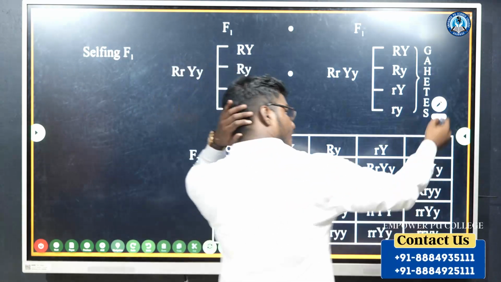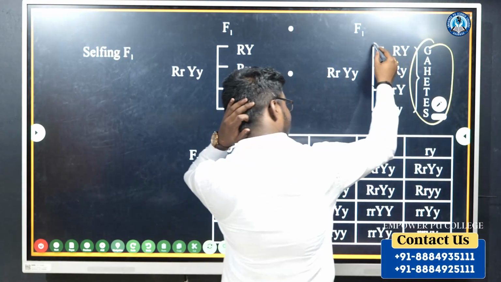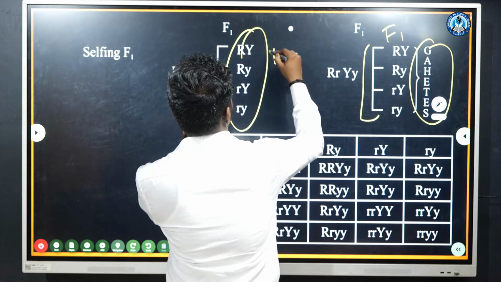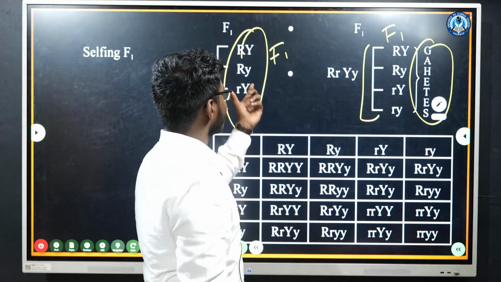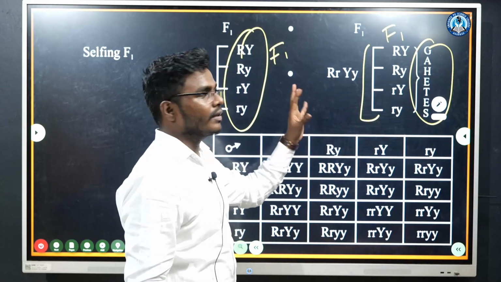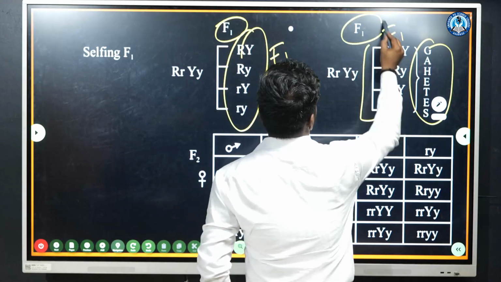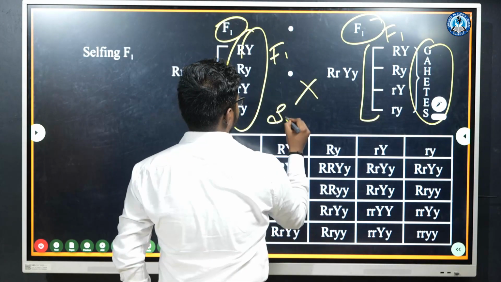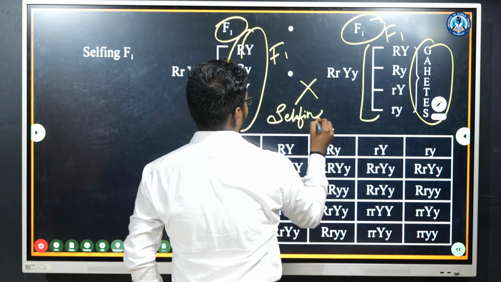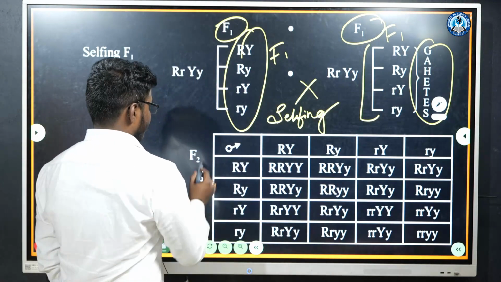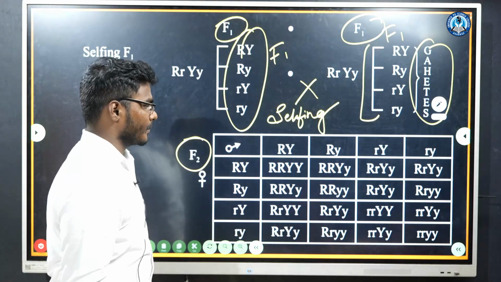So these gametes are being crossed now. F1 generation and F1 generation being crossed, that we are going to call selfing. So after selfing, now let us see the F2 generation.